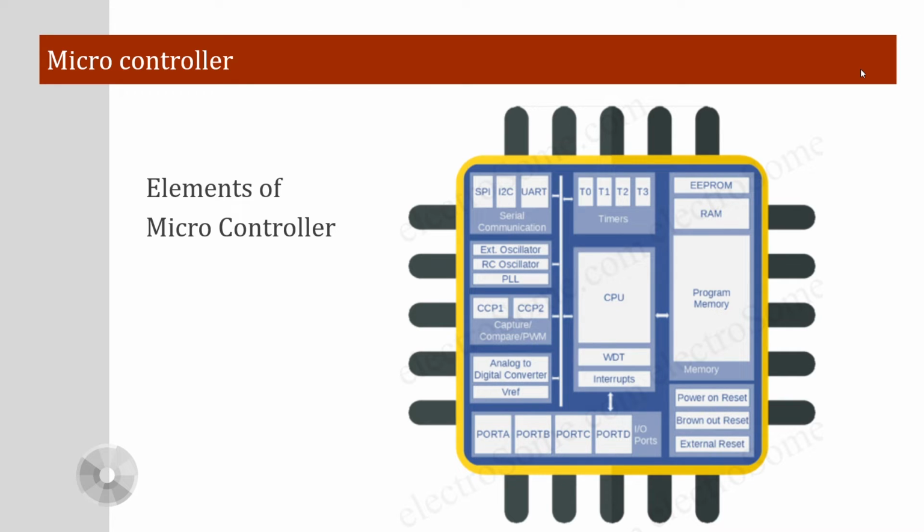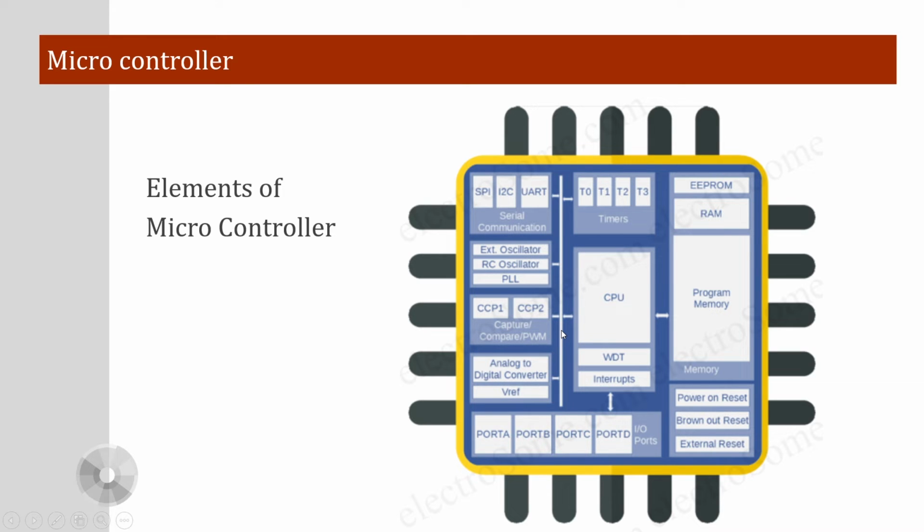It consists of many components and peripherals. It includes a processor, also called a CPU, and a memory. It has both RAM and ROM. It also consists of counters, timers, analog to digital converters, and many others.